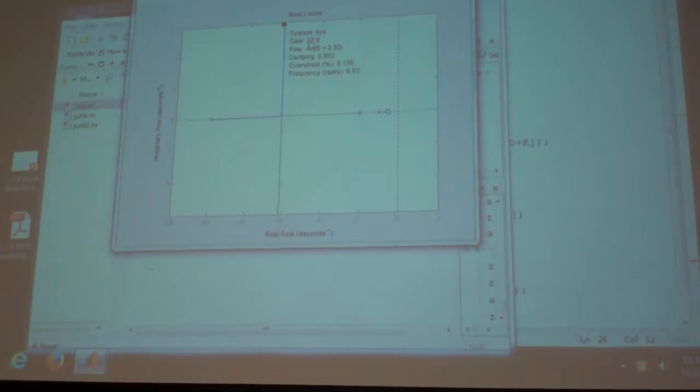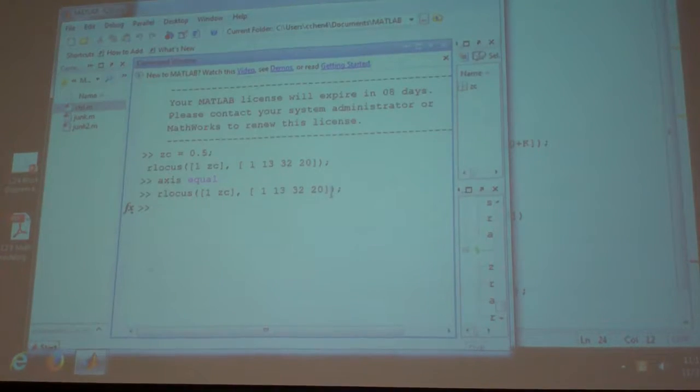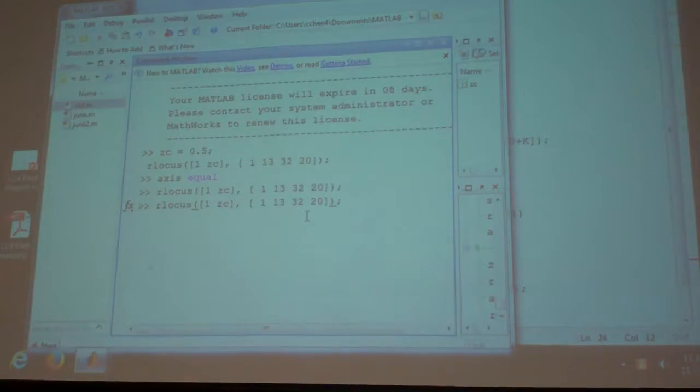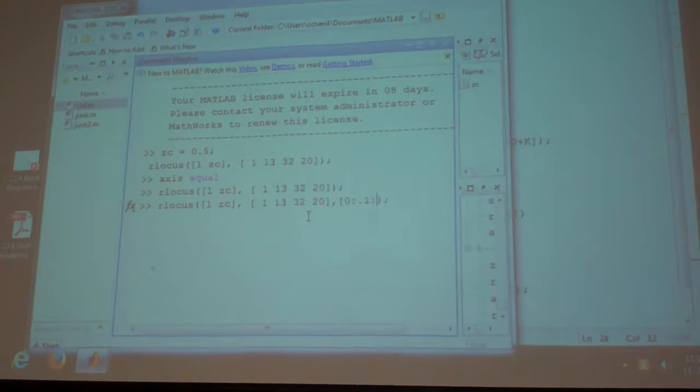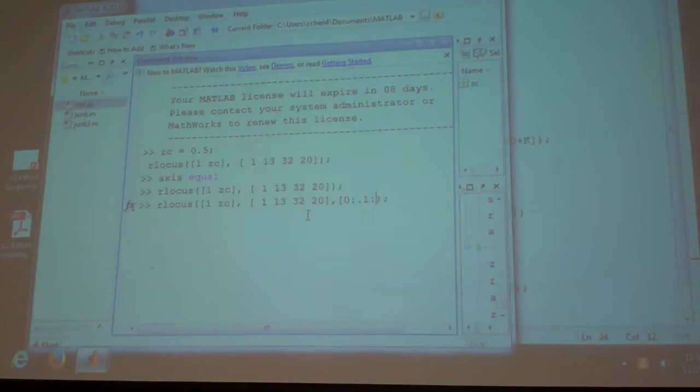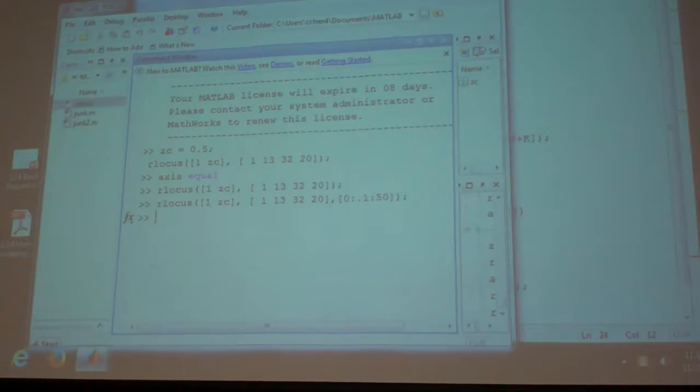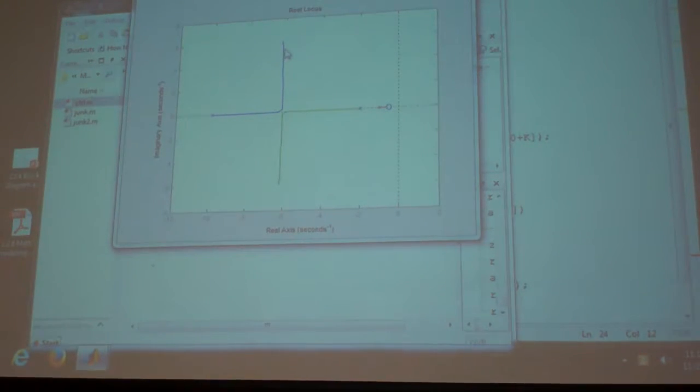What is the value of K? K here is 22, so let me enlarge. Here you can put the value of K. The third argument gives you the range of K, say from 0 to 50 with a given increment.